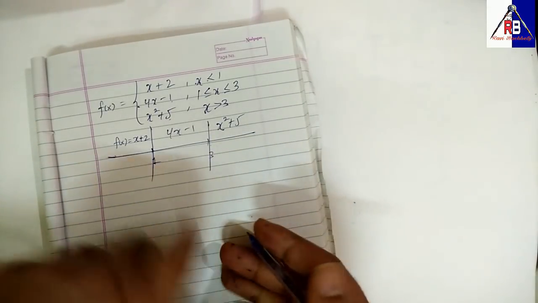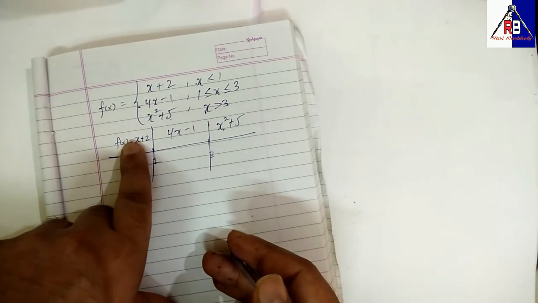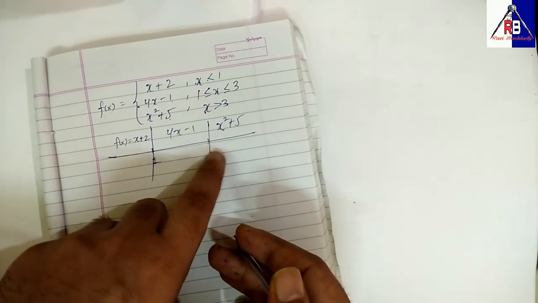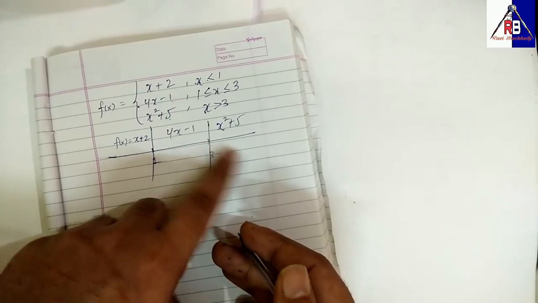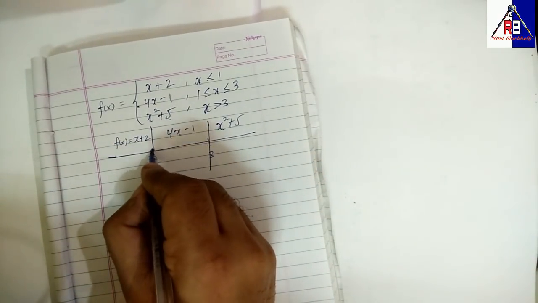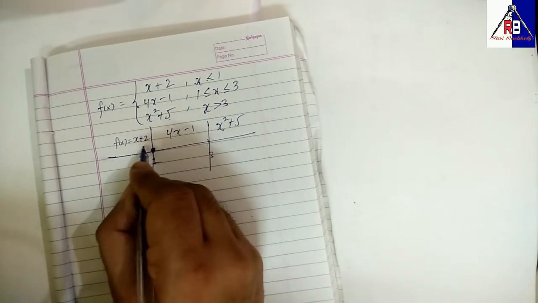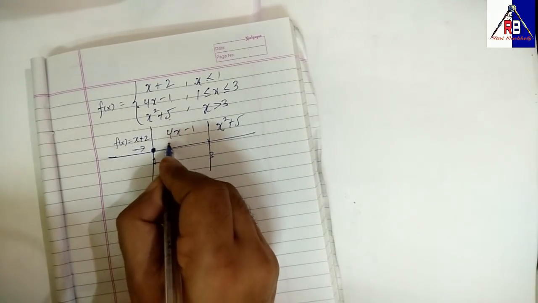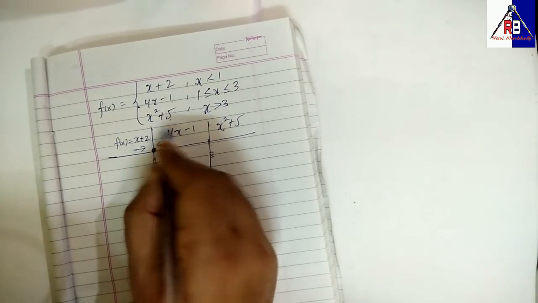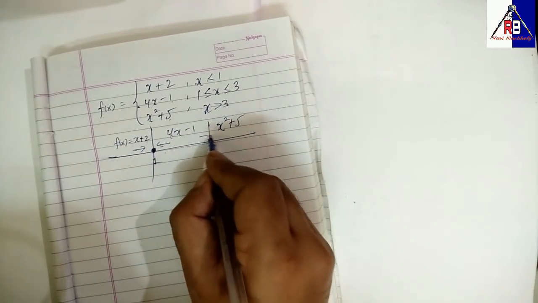So if x is less than 1, the function has this value. If x is from 1 to 3, the function has this value. If x is greater than 3, then the function has this value. Now, if you need to check the limit at point 1, first we'll find out the left hand limit, then we'll find out the right hand limit. If they both are equal, then we'll say that the limit exists, and similarly at point 3.